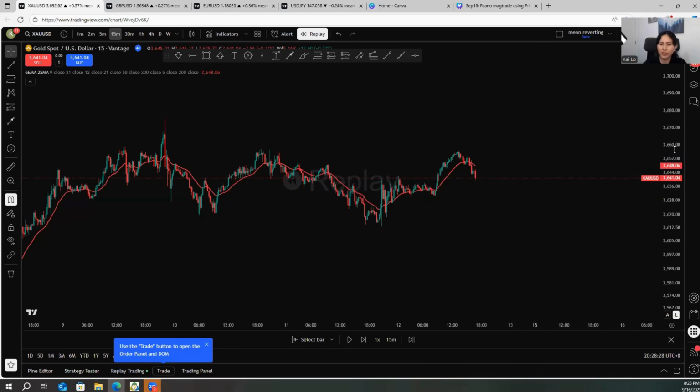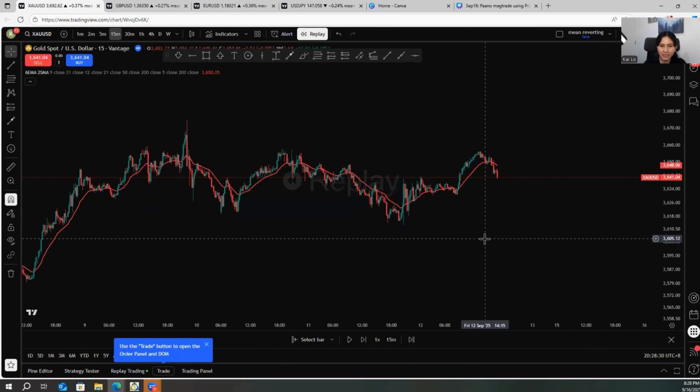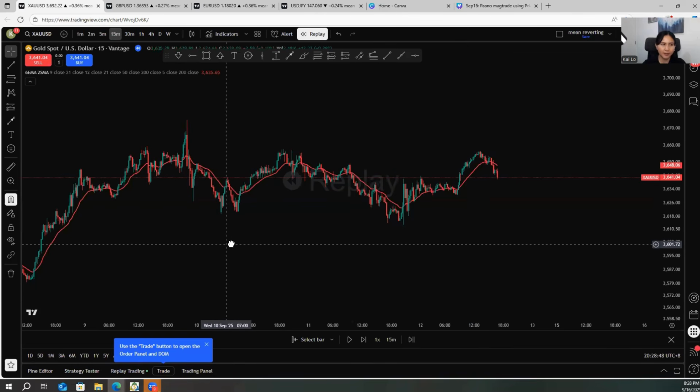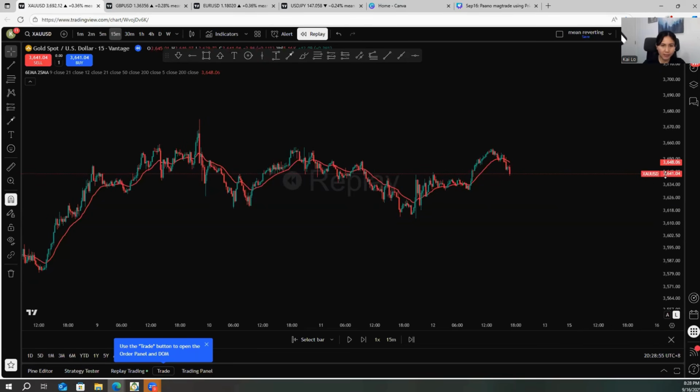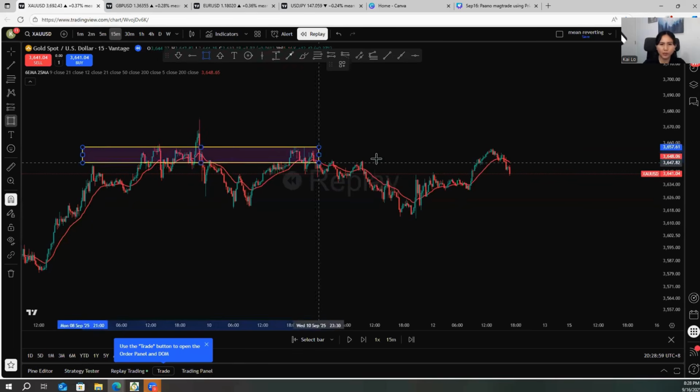So the first question is, what is the market structure? Is it uptrend, downtrend, or sideways? Type it in the chat box: uptrend, downtrend, sideways. Okay, perfect. So now it is sideways. It just bounces here.